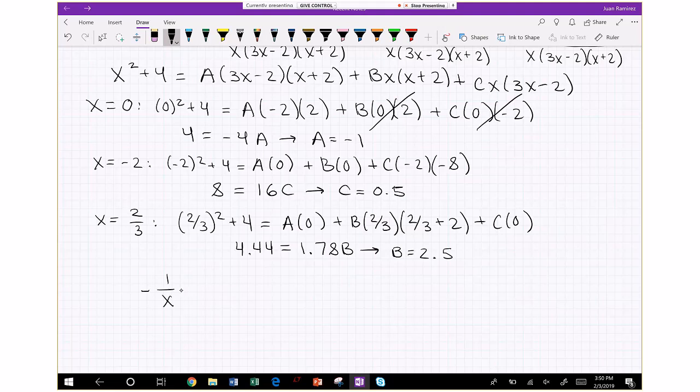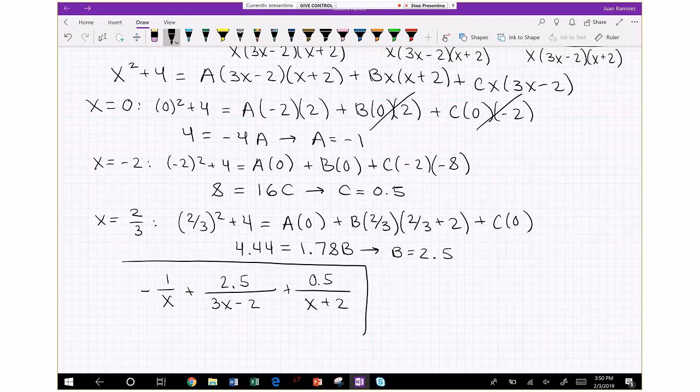What was b? 2.5, so plus 2.5 over 3x minus 2. And what was c? 0.5, so plus 0.5 over x plus 2. So we just decomposed that partial fraction.